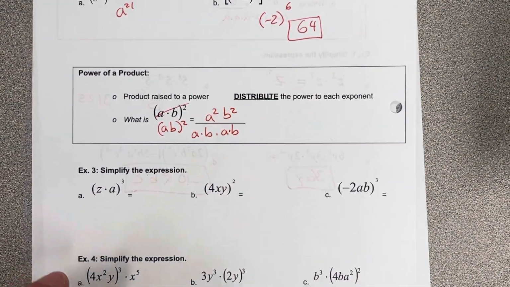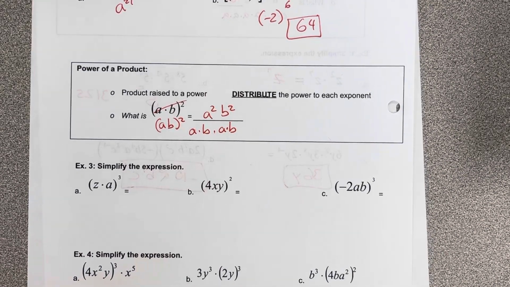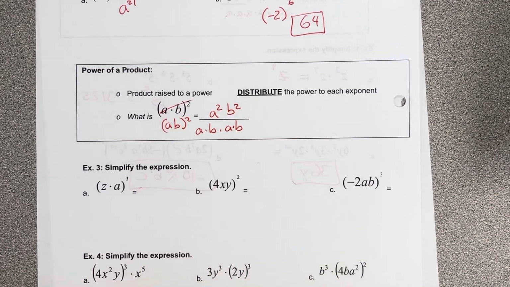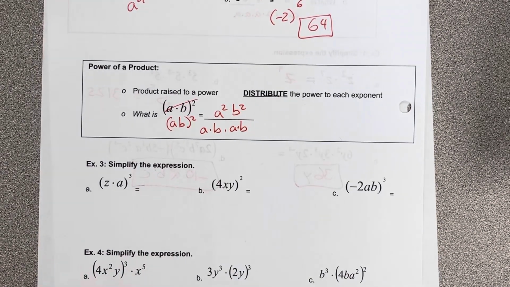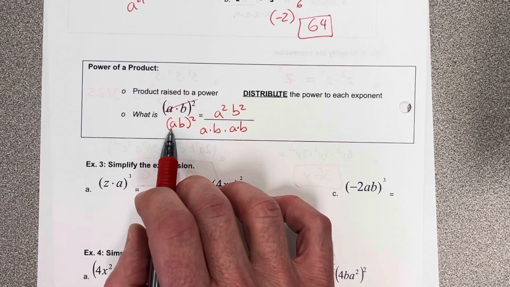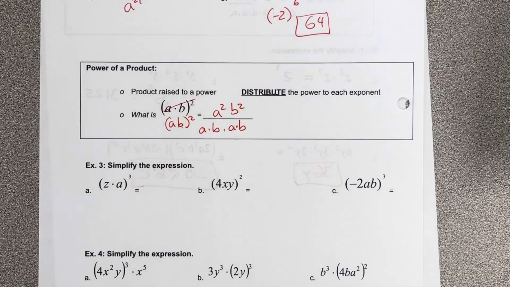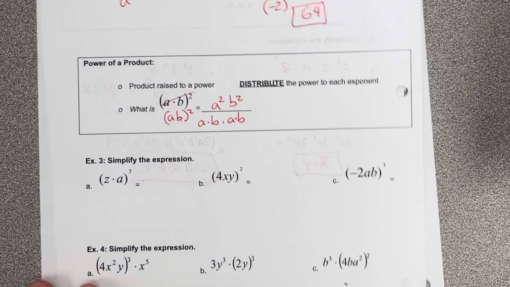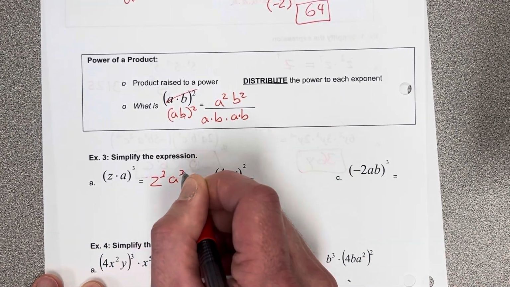How they describe this is you distribute the exponent to each base on the inside. Technically, distribution is not that. What I like to say is you're raising A to the 2nd power, you're raising B to the 2nd power. You raise each factor to the 2nd power. That's what you're doing here. So when you've got Z times A to the 3rd, it's going to be Z to the 3rd, A to the 3rd, just like that.